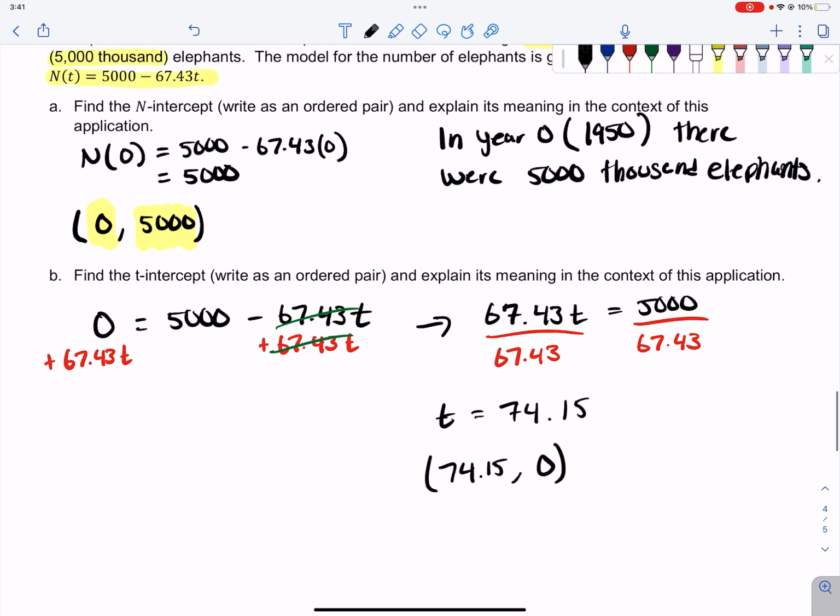Now let's explain what this means. We got 74.15, so in year 74.15, which in real life is the year 1950 plus 74, so approximately 2024, there will be 0 elephants according to this model.